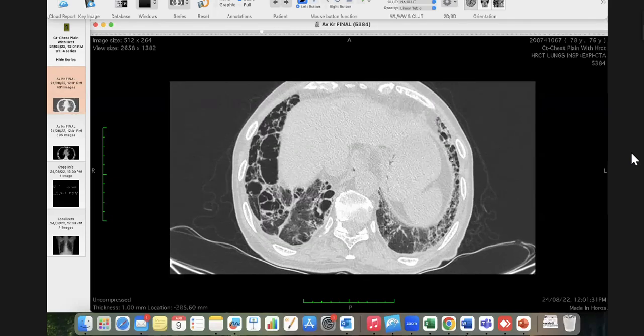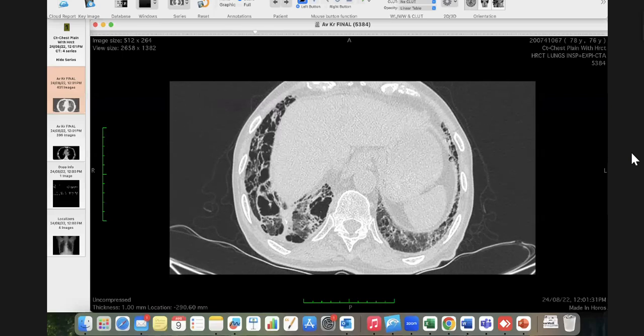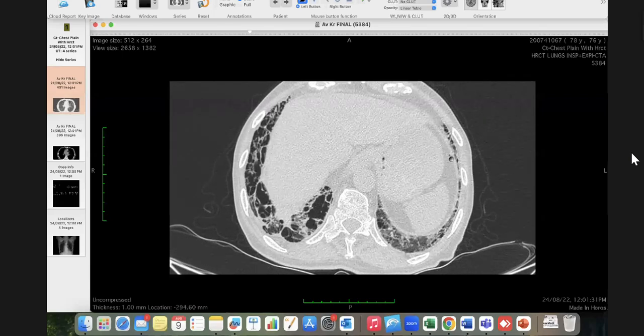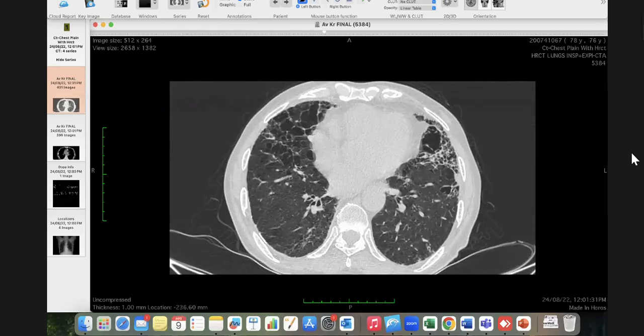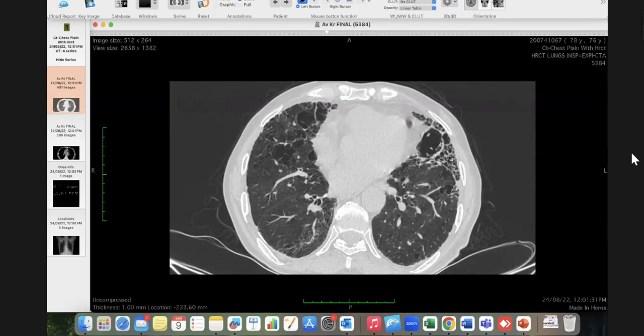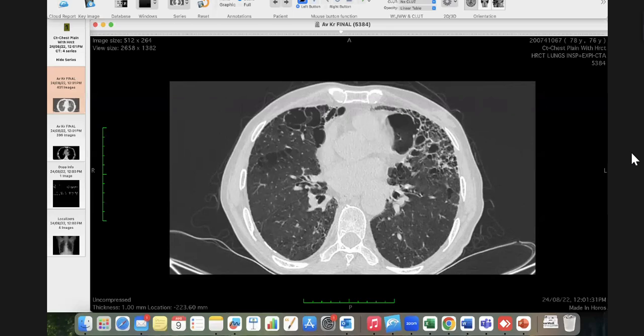So, this is a mixture of findings. Do not confuse the entire disease for emphysema. Do not confuse the entire disease for interstitial lung disease. But do remember, maybe in a smoker above 70 years of age, both emphysema and ILD can coexist.